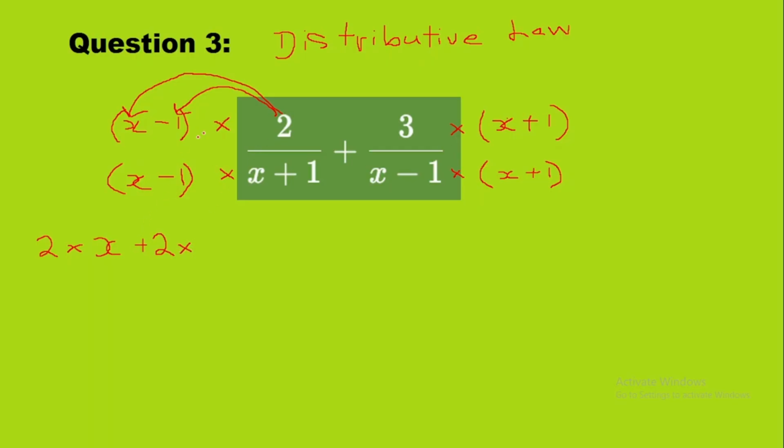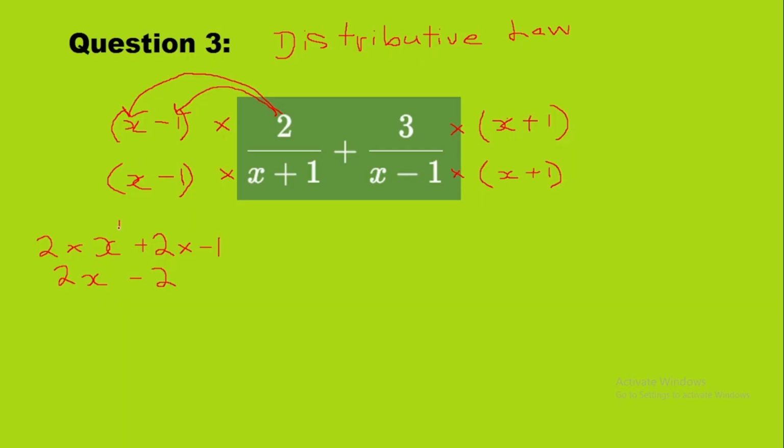The reason I put a plus sign right there is that the 2 right here is a positive number. So 2 times x is equal to 2x, and 2 times negative 1 will be equal to negative 2.